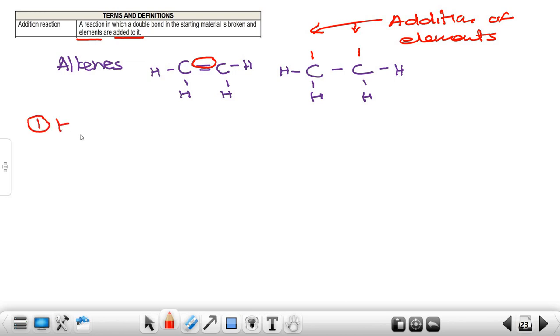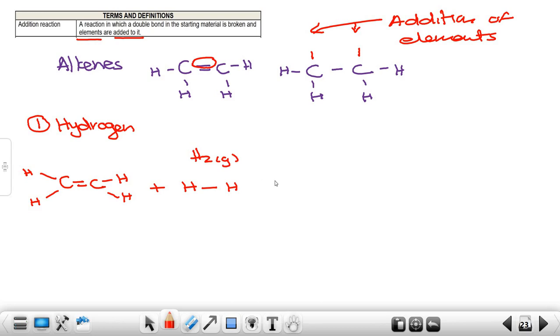Number one. If we add hydrogen to ethene, then we will have hydrogen plus the alkene. So here we are adding hydrogen, which is H2. It's a gas. Then what will happen is there where it opens up, the hydrogens are going to be added. So these hydrogens that I'm drawing here are already there. This is C2H4, right?